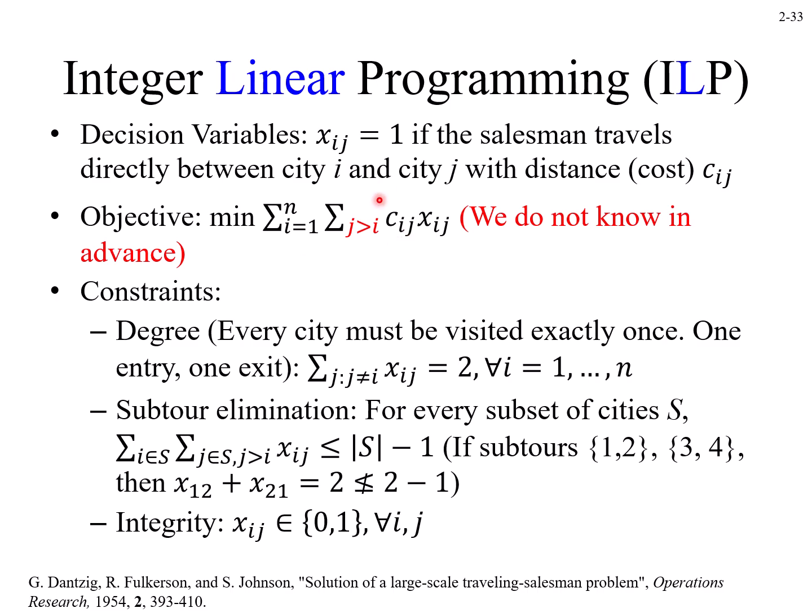So even though there are so many terms, most of them are 0 because we only need to visit n cities. So even though you have a lot of summation here, we only choose n. Most of them are 0 when you find the optimal solution.